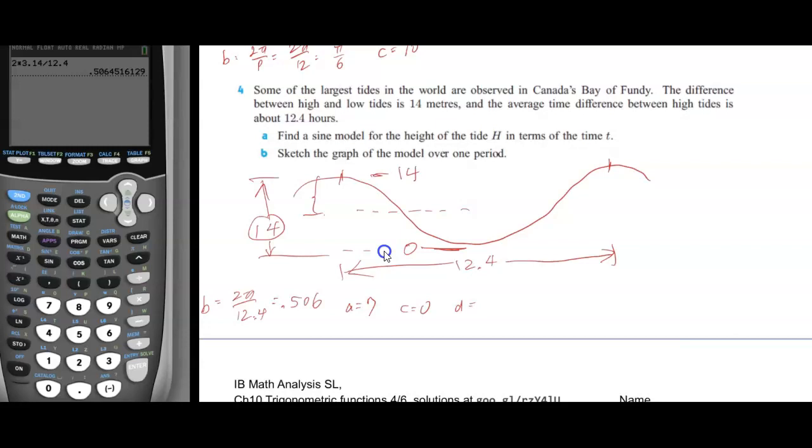If the lowest point is 0 and the highest point is 14, we could find the d value by averaging the two. So the mean line height would be 7, so the d value would be 7. Then my sine model would be 7 sine 0.506 t plus 7. Okay? All right, so that's it for page 3.